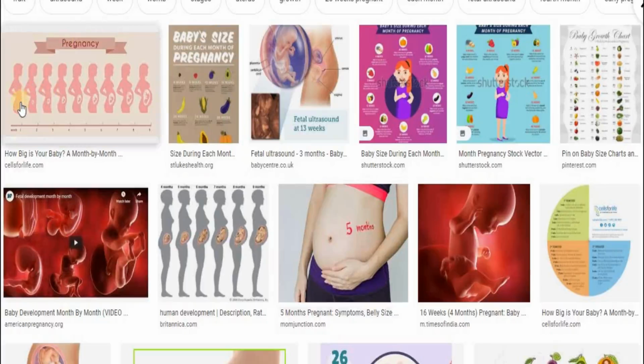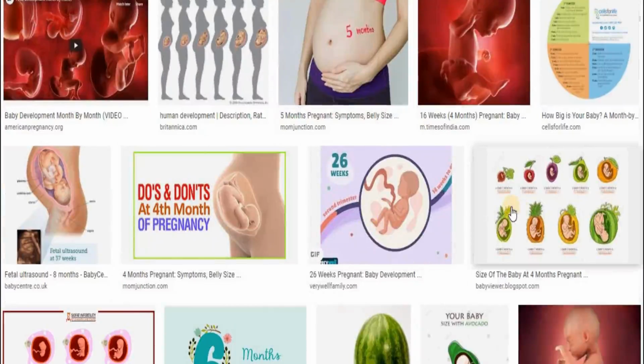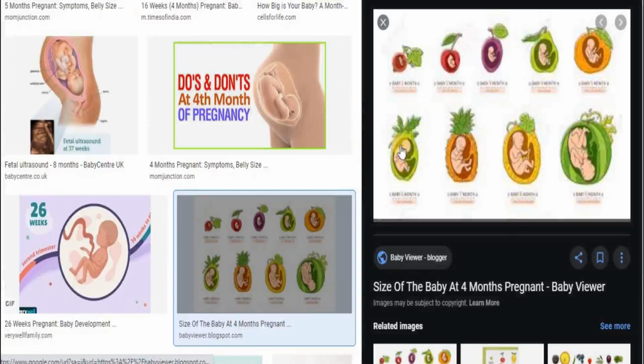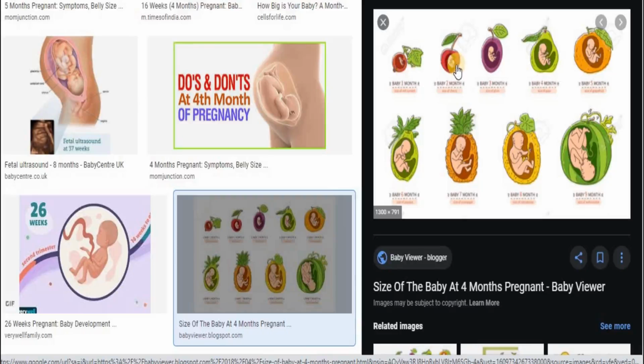See in this diagram, you see the mother during pregnancy, the womb is so small and then it progresses into a big womb. Let's compare that to the size of some fruits and understand how big the baby is. During the first month of pregnancy, the baby can be inside a small pear, a plum, then an apple.